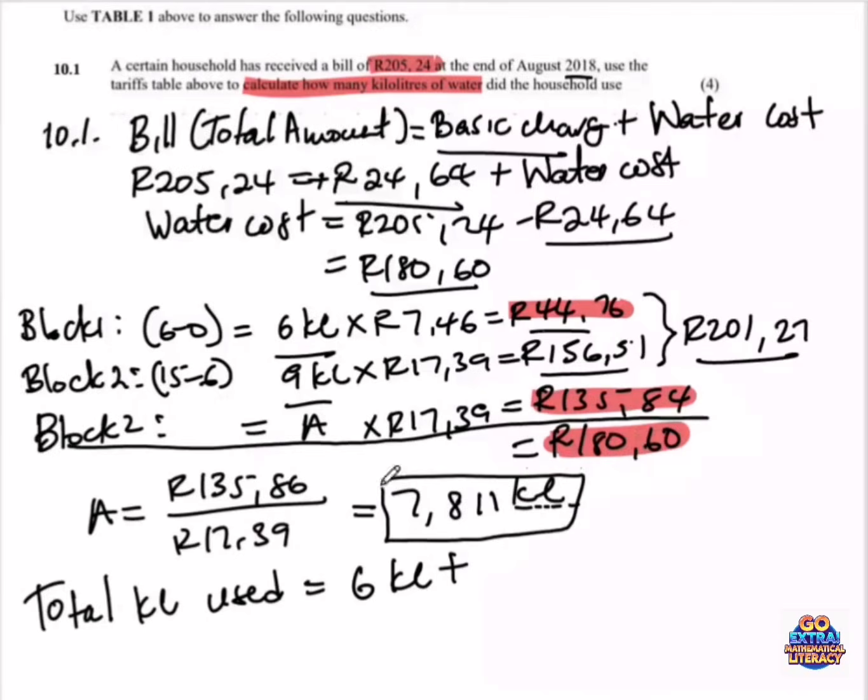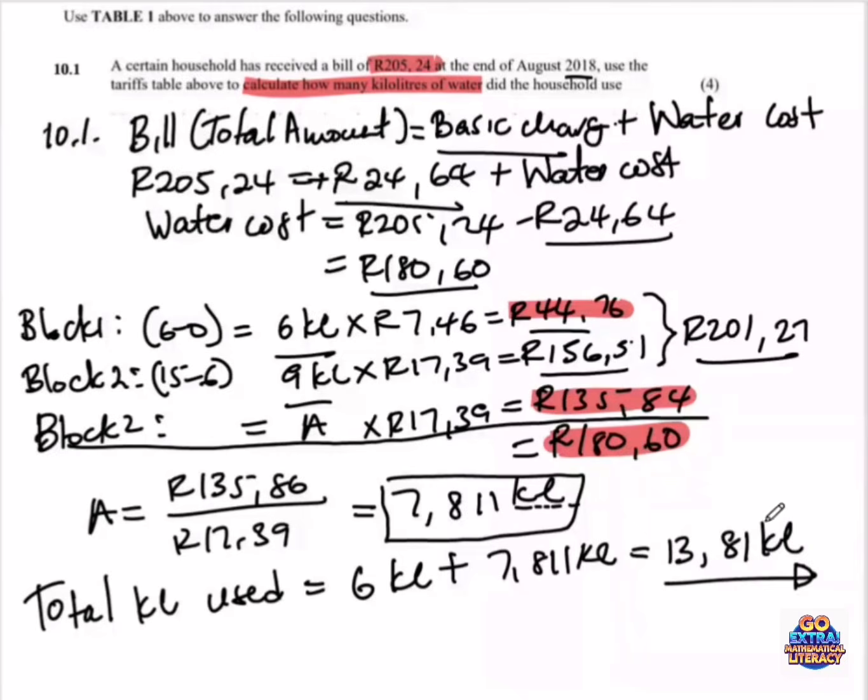That is 6 plus A, which gives us 6 plus 7,811 kiloliters. So the total in this case is 13,811, but we round off to two decimal places, so it's going to be 13,81 kiloliters that we use by that household.